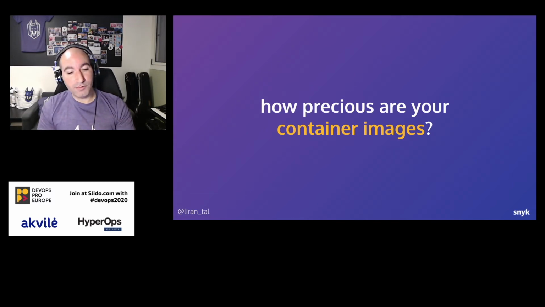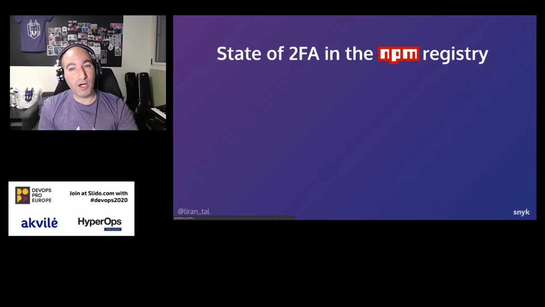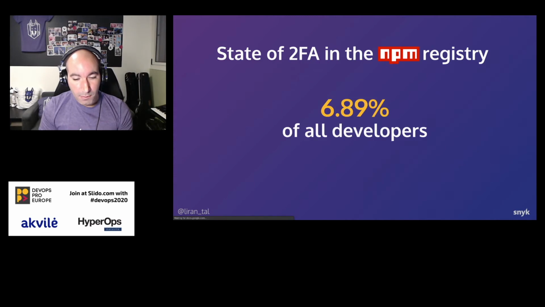To get into that kind of mindset, I do want to talk to you about what happens with two-factor authentication in another ecosystem. So let's talk about the state of 2FA, two-factor authentication, again in the NPM registry. This is a language-based open source repository, not Docker container images. NPM is, as we said, the largest there is, so it's an interesting take to see what's going on there. If you had to guess, how many developers actually enable 2FA?